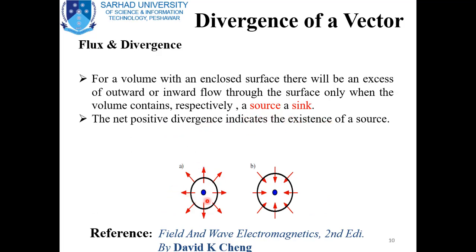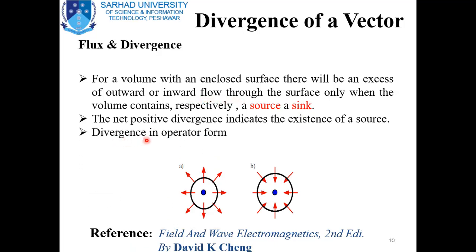For example, in the given figure we are discussing two charges, the positive charge, which in this case represents a source, and the negative charge, which in this case represents the sink. We represent the field by outward arrows for the positive charge, and for a negative charge the electric field is represented by inward vectors. So when we have a source, we have an outward flux, and if we have a sink like a negative charge, then we have an inward flow through the surface.